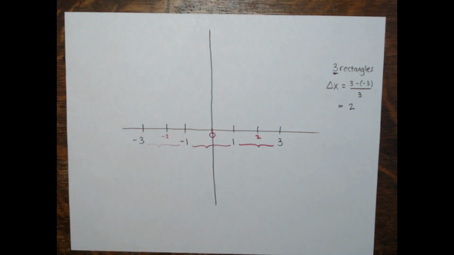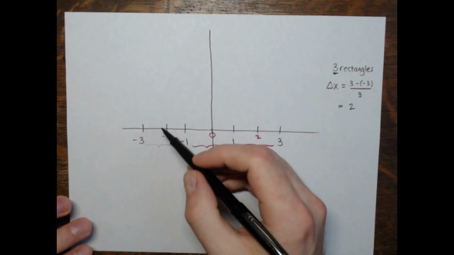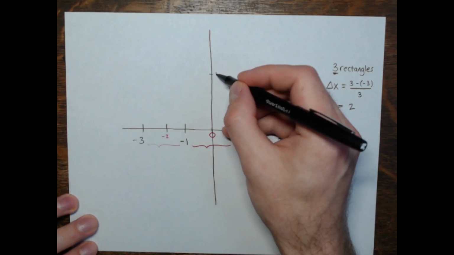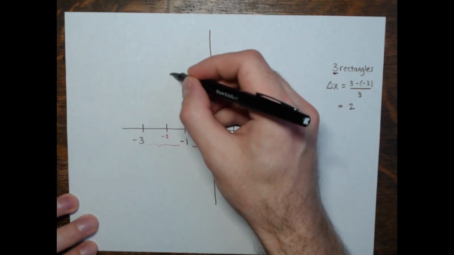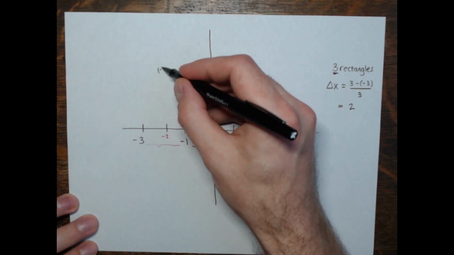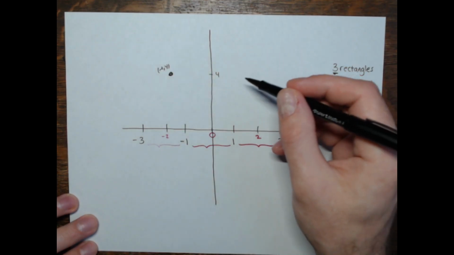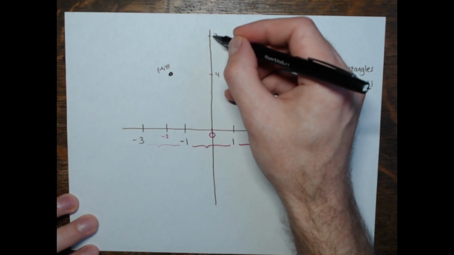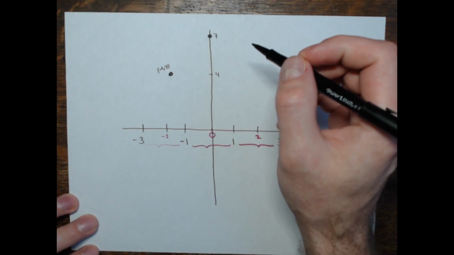Now on the graph of this, at -2 looked like it had an output of 4. That's not to scale or anything. So there's -2, 4. And then 0 has a value of 7.